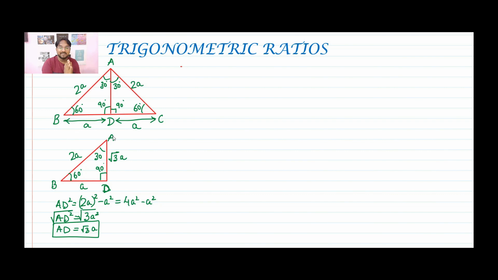Now we have this right angle triangle. Using this right angle triangle, we'll be able to find the values of all the 6 trigonometric ratios at 2 angles, 60 and 30. Okay, so let's first find out for 60 degrees. Before we go ahead, you remember the 2 rules.